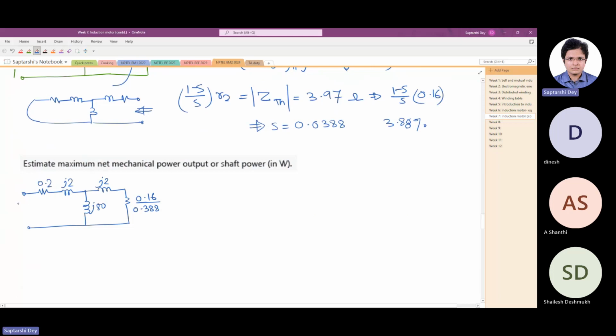Okay, so you have to find out how much power is developed in this situation. We can just find out the current. So similar approach, per phase impedance 0.2 plus j2.